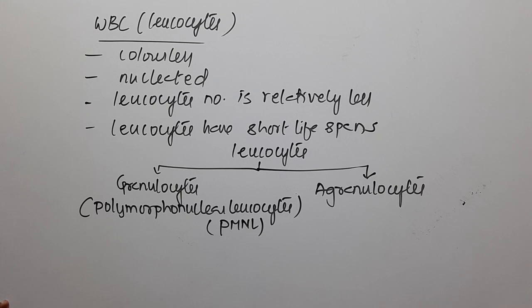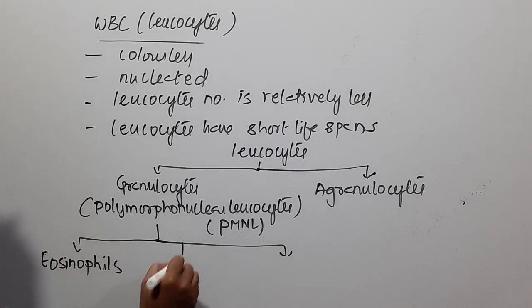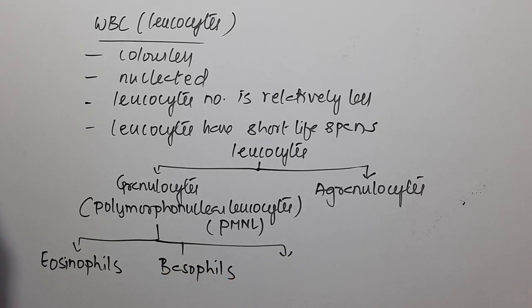So these are of different types which we have seen. They are called eosinophils and basophils, based on their response towards the dyes they have used. If they have responded to acidic dyes, then eosinophils; basic dyes, then basophils.